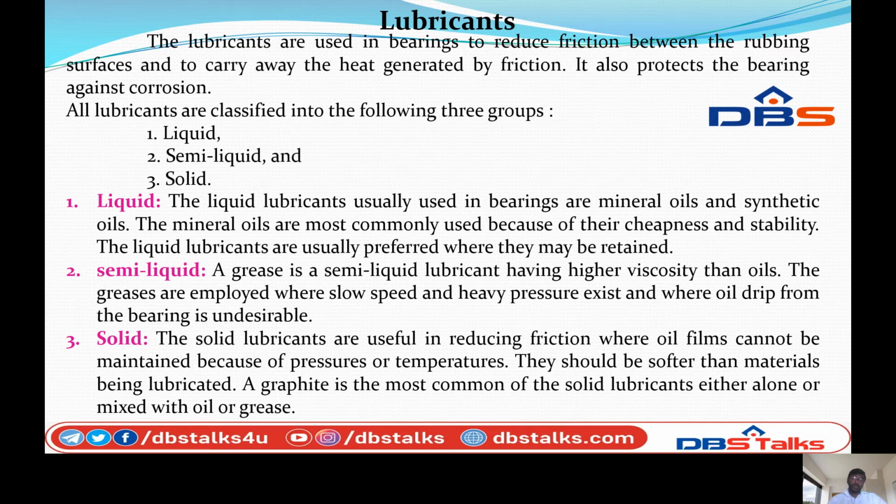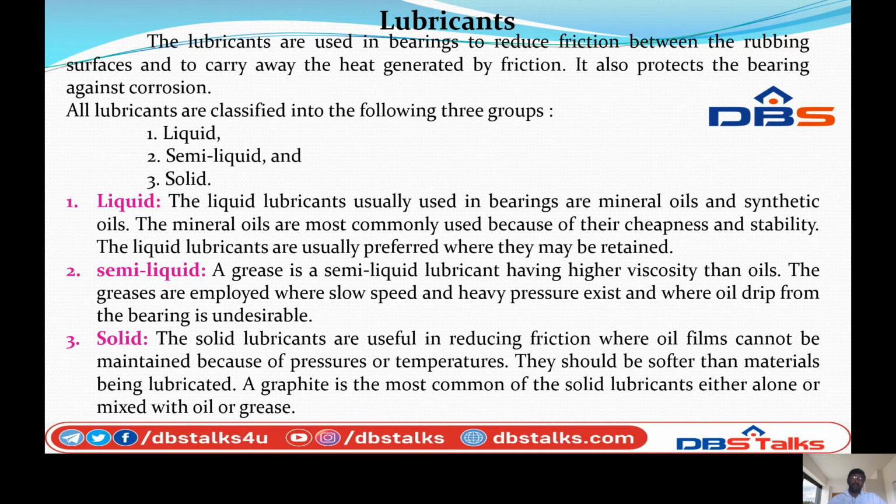Coming to the liquid lubricants, the liquid lubricants usually used in bearings are mineral oils and synthetic oils. The mineral oils are most commonly used because of their cheapness and stability. Liquid lubricants are usually preferred where they must be retained.